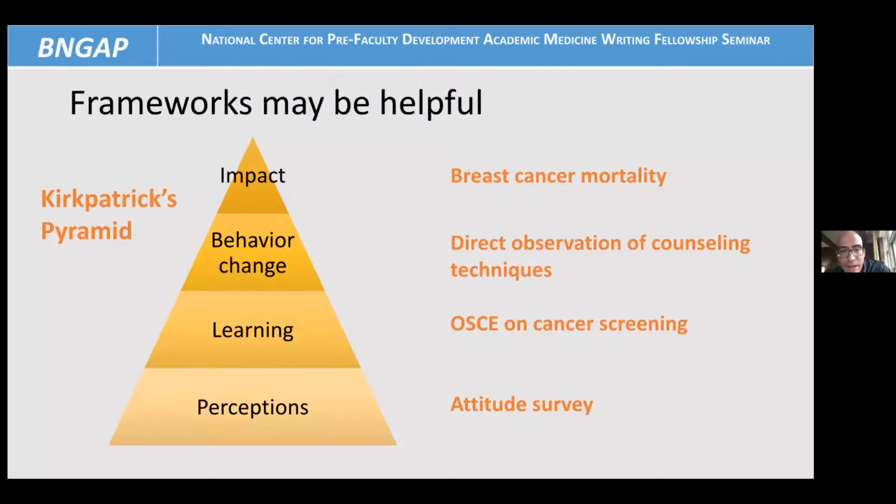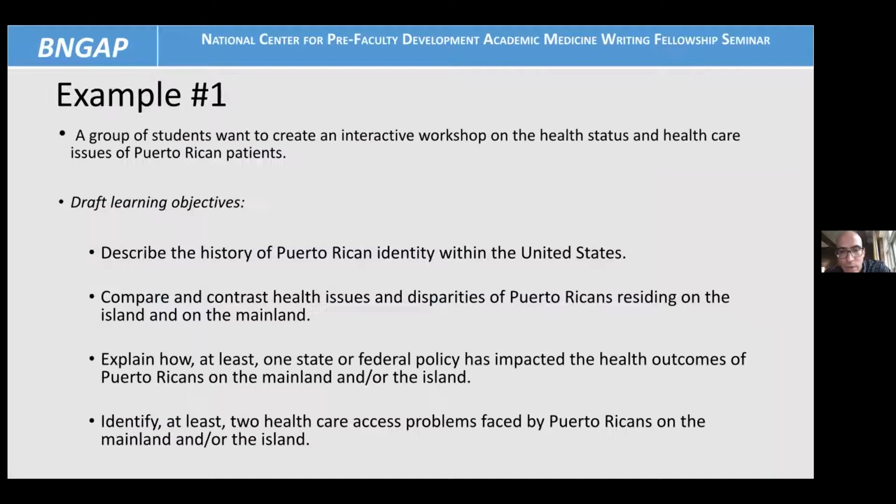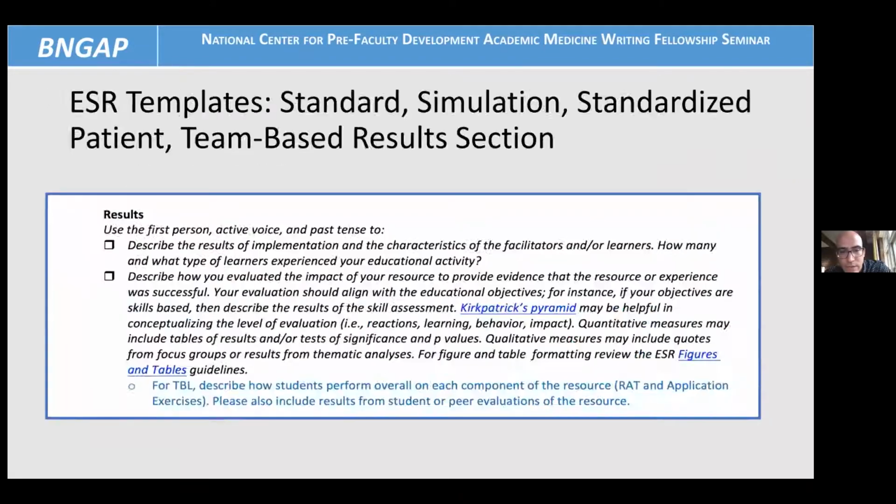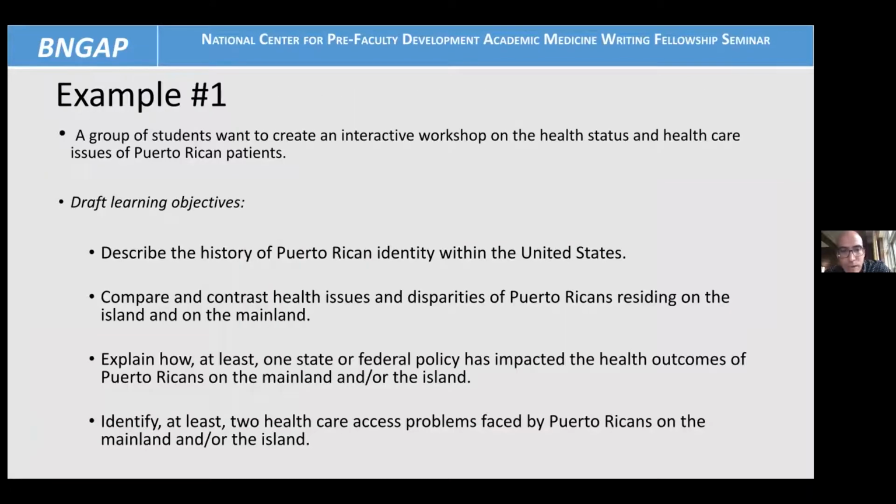And how about finally, impact? We had already briefly discussed level 3. How about impact? Some sort of larger, outcomes-based measure.